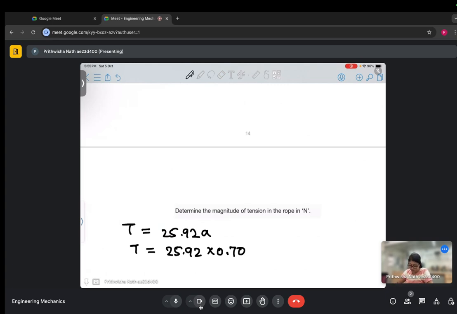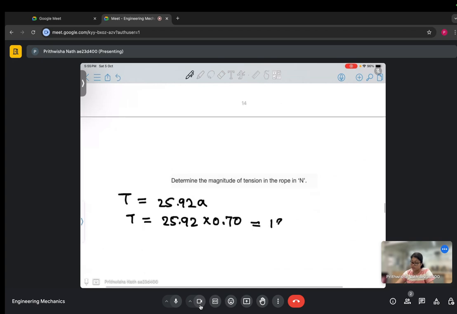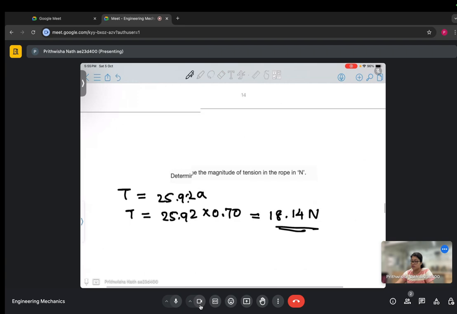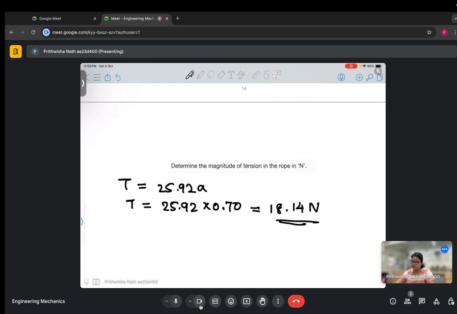So it is 18.14 Newton. So this is the tension in the rope.